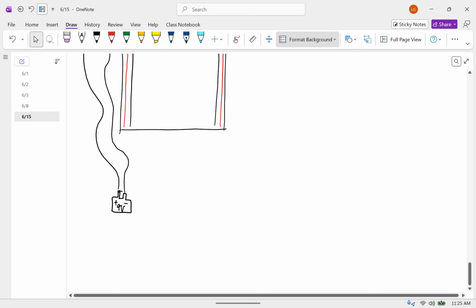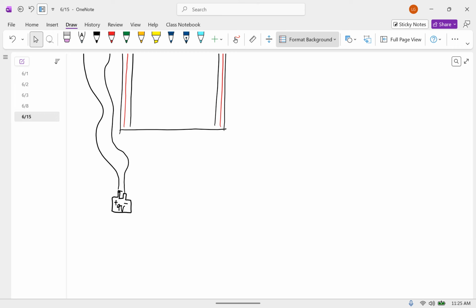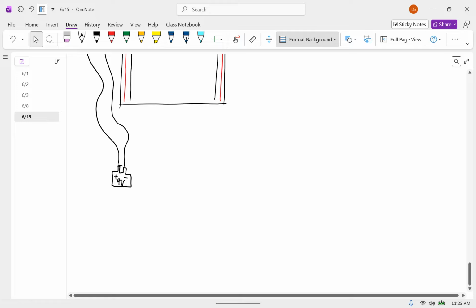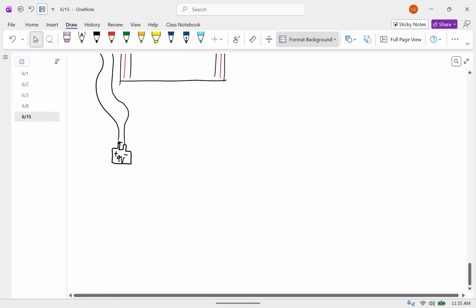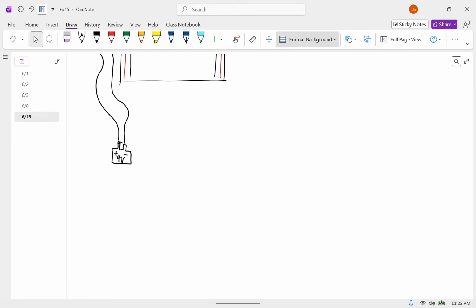It would be a pain if you had to draw a picture of your circuit every time you wanted to convey to someone else the circuit that you want, or to take notes on it. And so one thing we're going to use is schematic diagrams.